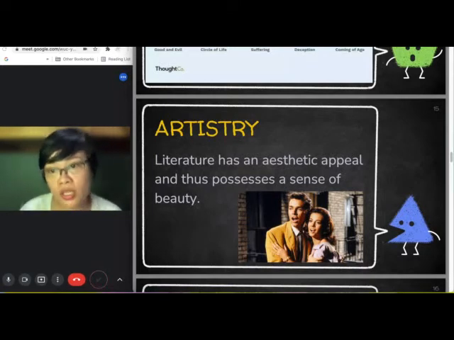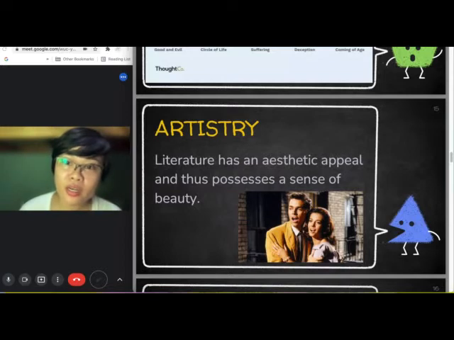So all those things go together, and they create this artistry that makes a piece of literature standard.